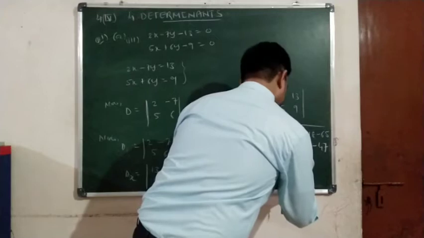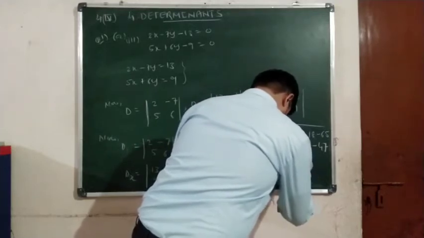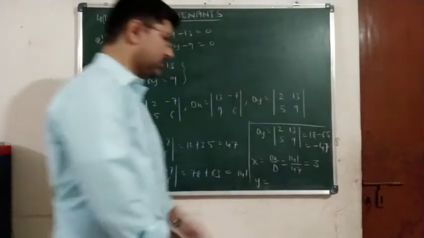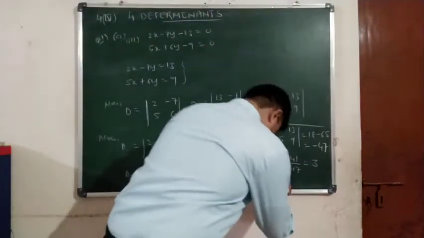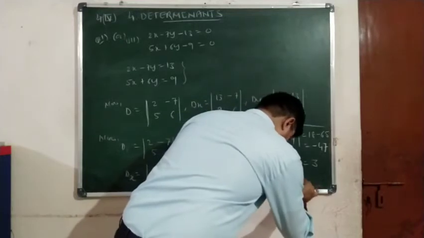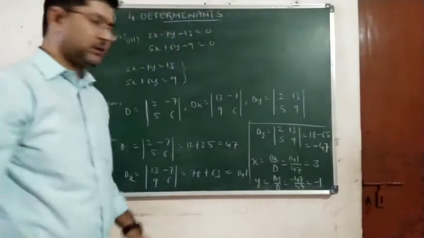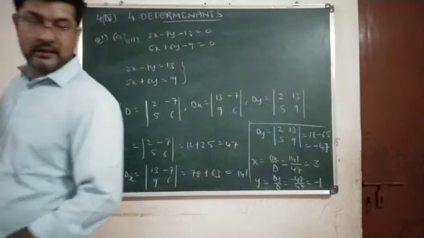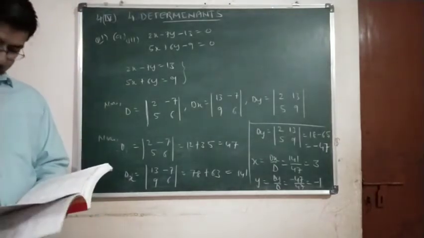So dx is 141 upon 47, which is equal to 3, because 47 3s are 141. And y is equal to dy upon d, minus 47 upon 47, which is equal to minus 1. Clear? So we got the second value also. X is 3 and y is minus 1.